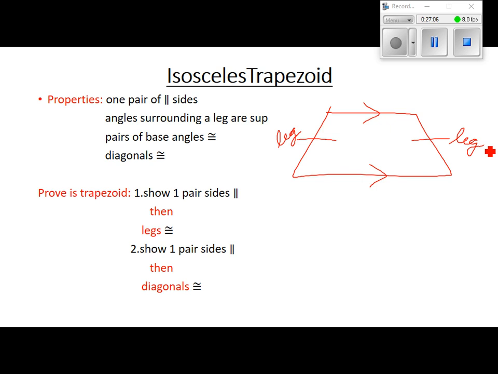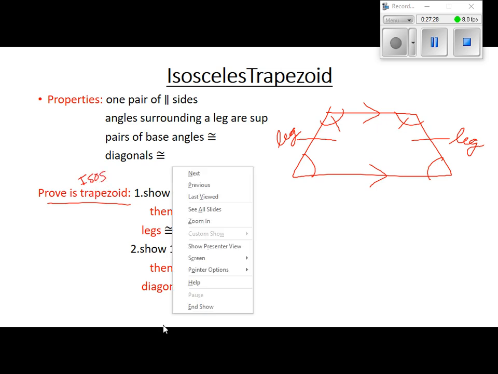If those legs are congruent, this angle is always congruent to that angle. That doesn't work for every trapezoid, only works for isosceles trapezoids. To prove it is an isosceles trapezoid, we could do that. I'm not going to go through all that.